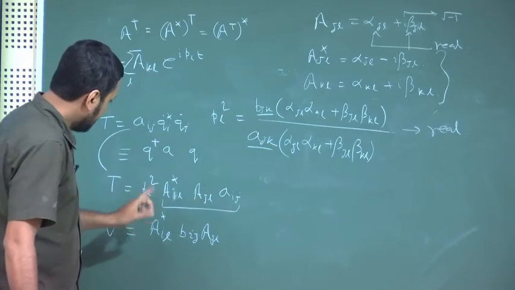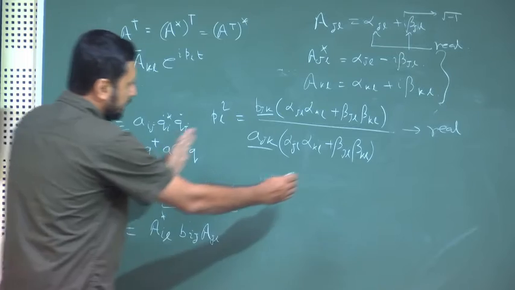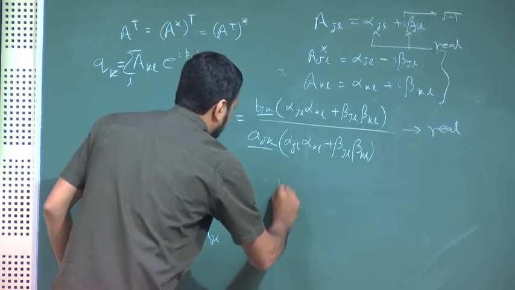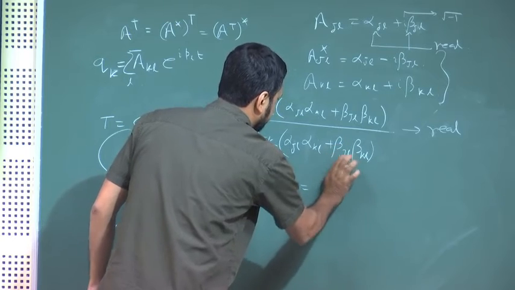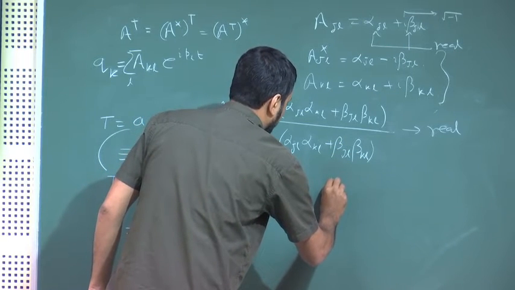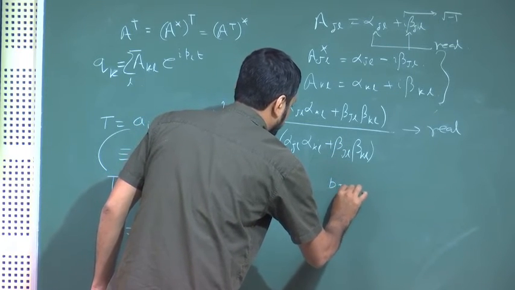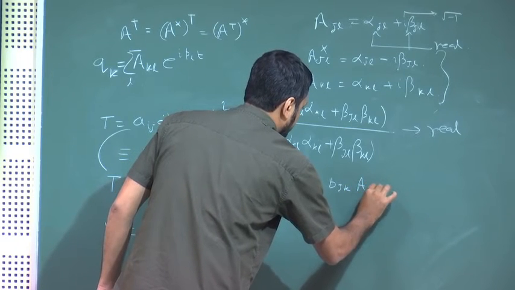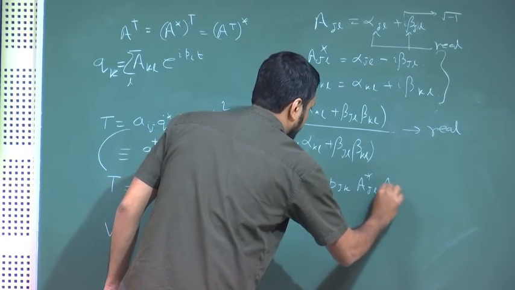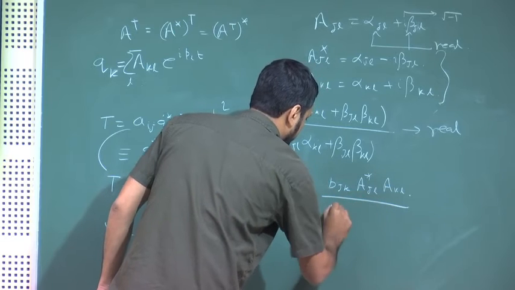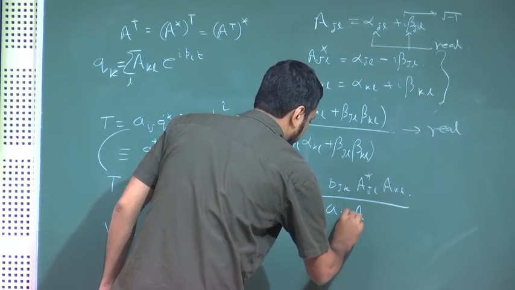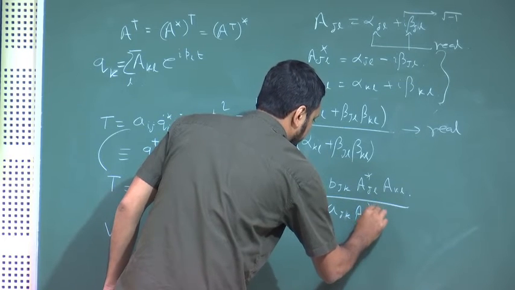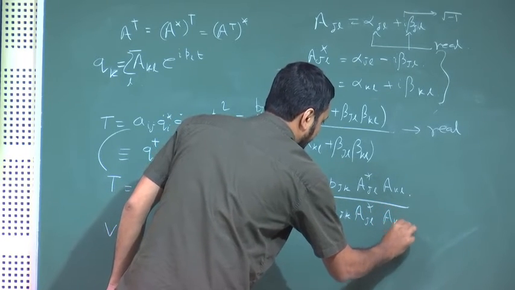But originally this was written as pl square is equal to Bjk Ajl star Akl divided by Aij Ajl star Akl.